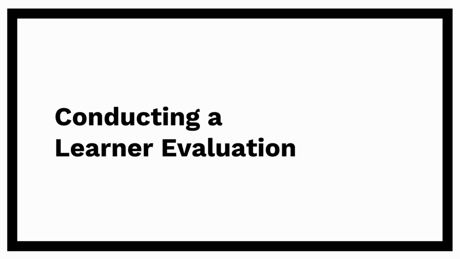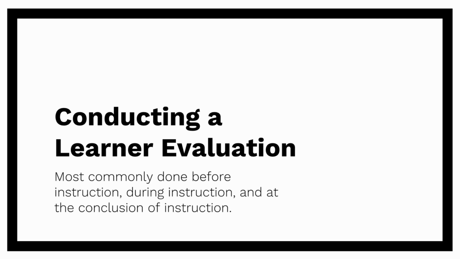Conducting a learner evaluation. These are most commonly done before instruction, during instruction, and at the conclusion of instruction. When conducted at each phase, different information is learned about the learner.